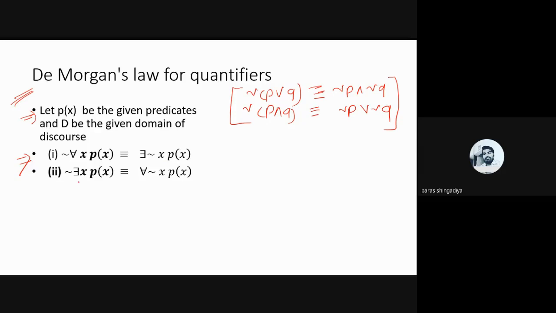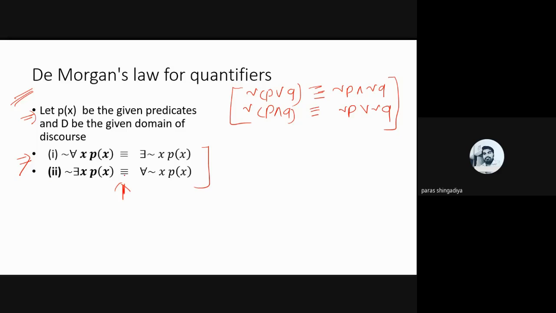And the second is the negation of "there exists x, P(x)". Now we interchange the operator only: every will be replaced by there exists, and there exists will be replaced by every. So the negation of "there exists x, P(x)" is logically equivalent to "for every x, negation P(x)". That is the two statements we have, and in between them the condition is a logical equality.